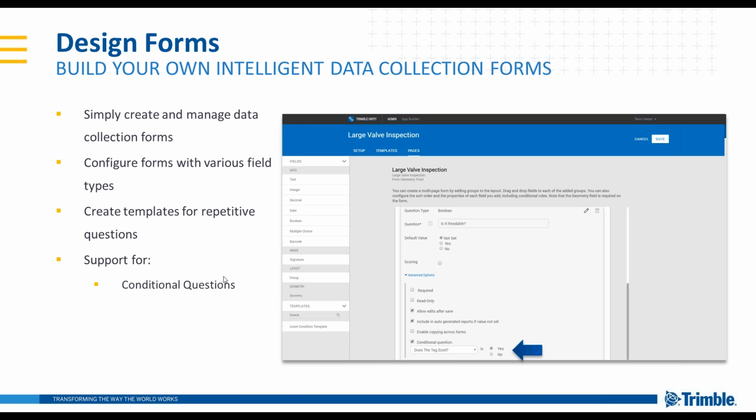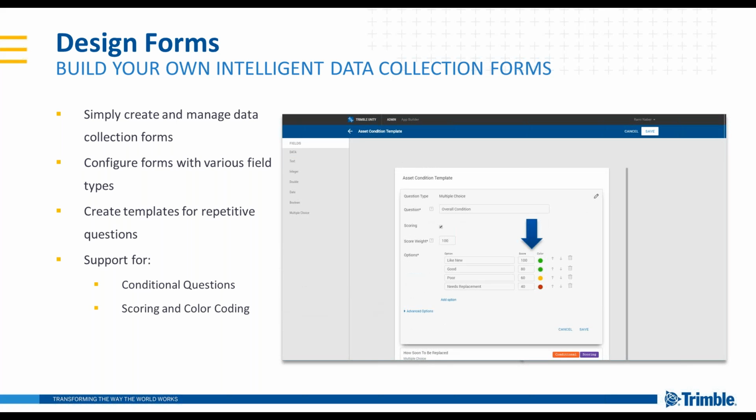Okay, we're good. So conditional questions that you could configure to ask questions depending on the answers of previously answered questions, and only ask the questions that are required to be populated in the field. Also, a key feature for condition assessment is the condition scoring.